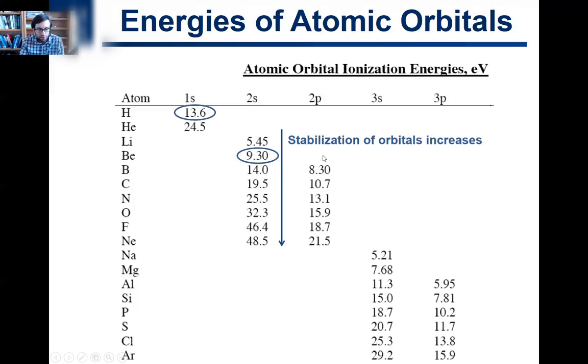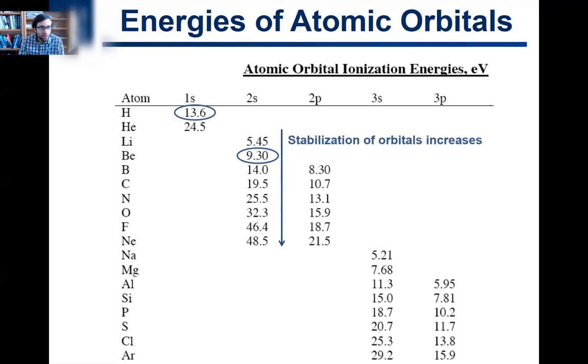Now notice there's no value given for the 2p orbital of beryllium. Why is that? That's because beryllium doesn't have any electrons in its 2p. There's only 4 electrons in beryllium, and so you have to get to 5 electrons, to boron, sorry, to get an electron into the 2p. So experimentally, if you're just using ionization energies, there's no 2p value.